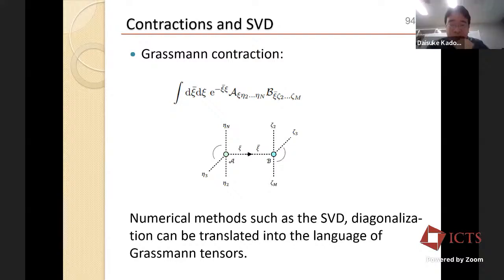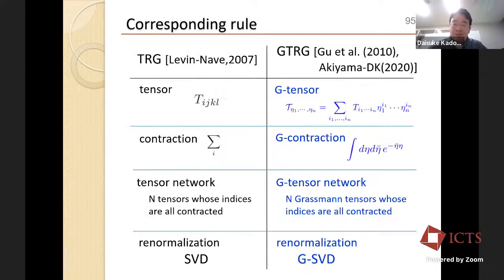This is a formal definition of Grassmann contraction for two Grassmann tensors. In the actual computations, for instance in the case of Grassmann TRG, this Grassmann tensor is decomposed into two Grassmann tensors by using Grassmann SVD.